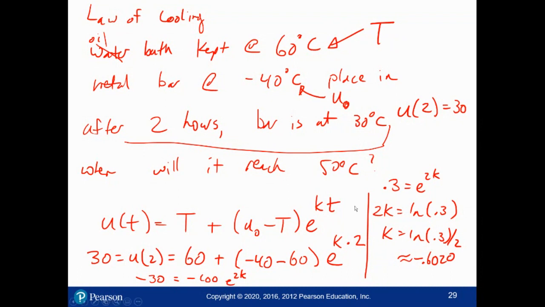Then the question becomes, when does it reach 50 degrees? So remember that in order to apply this formula, we have capital T is equal to 60, and now we know that k is about negative 0.6020, and we want to solve when is U equal to 50.